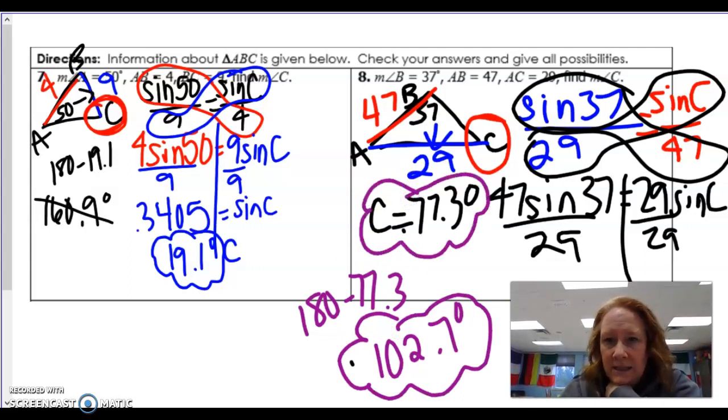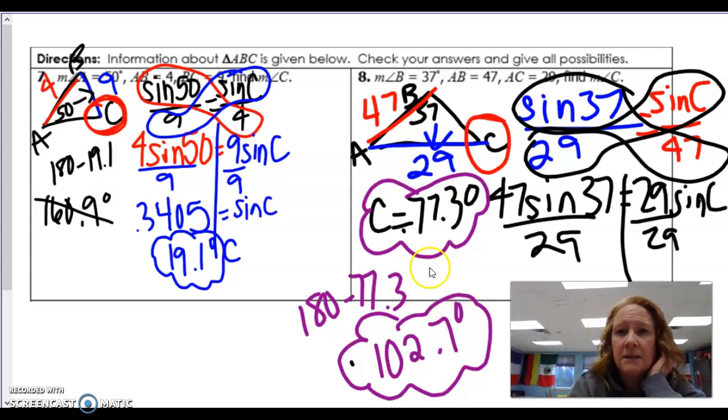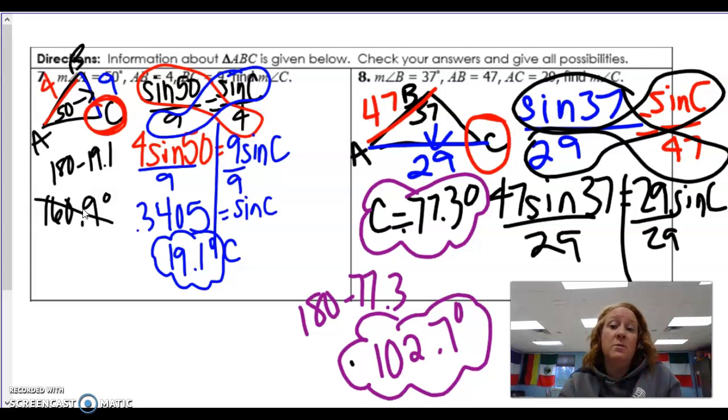Well, because see 37 plus 102.7 is 139.7. You still have room to make the triangle, room to make one more angle here. In the earlier example, we did not have room because 160 would put you over the 180 mark. So you always have to check that second angle.